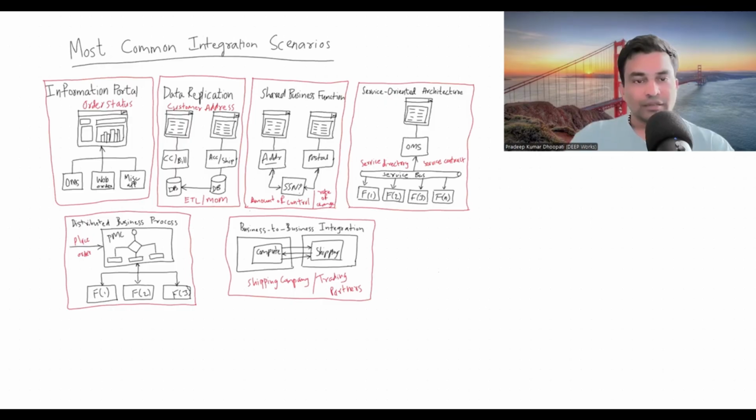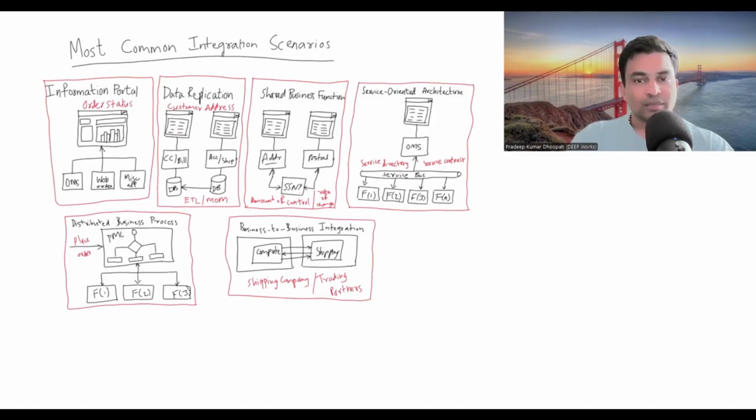The first integration scenario is the information portals, where many business users need to access several different systems or applications to answer a question or a customer query. Like the customer care representative has to check the order status placed by the customer.